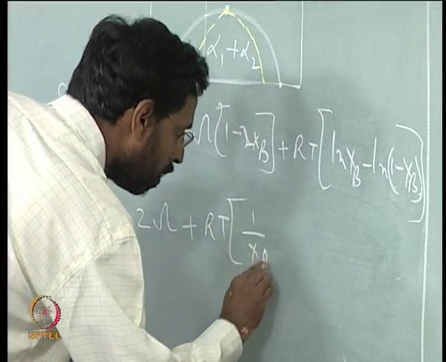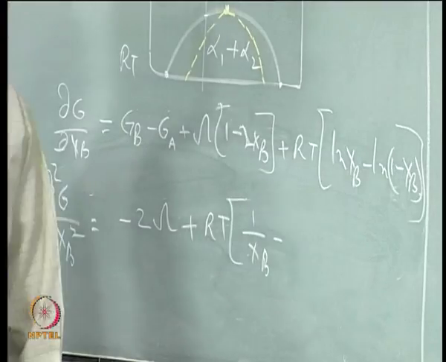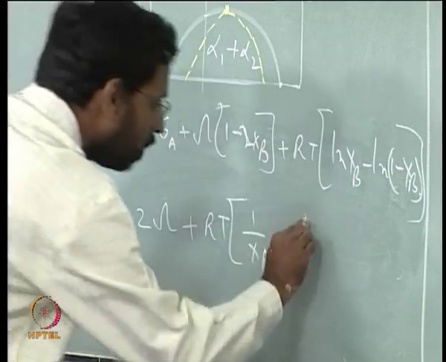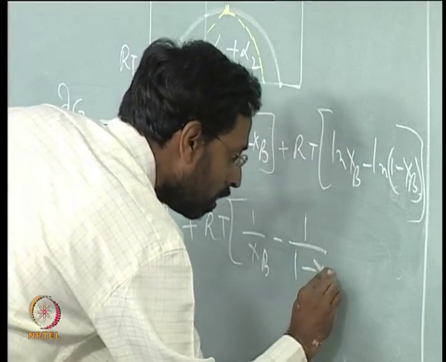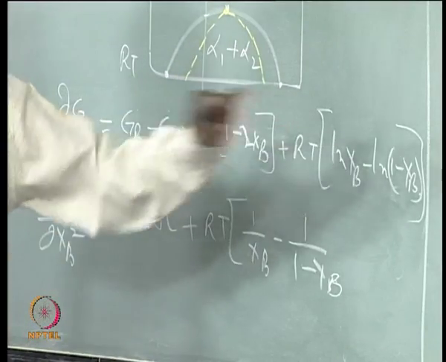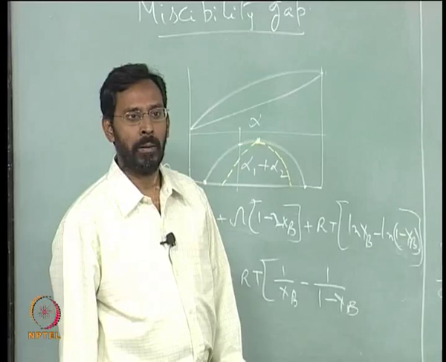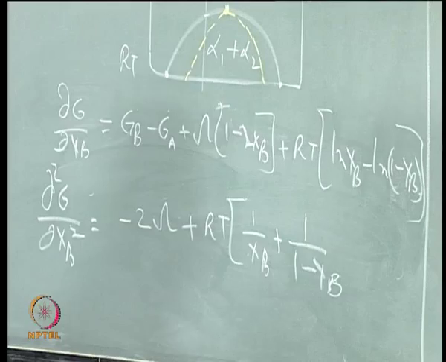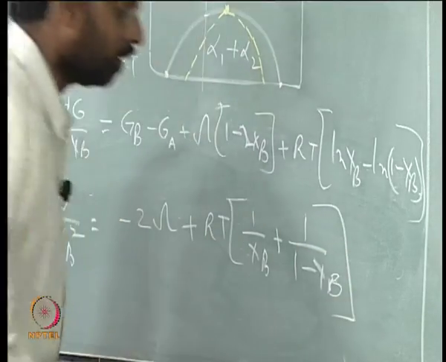And minus the derivative of ln 1 minus xb, which is 1 by 1 minus xb, and because this is minus, you will get a minus there, so that will be plus. So this is what you would get.